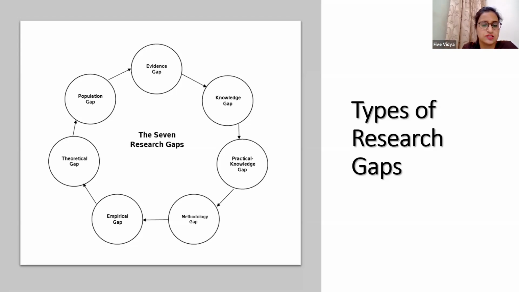So there is no specific format for writing the LR chapter. It's just that sometimes in some researches we add a hypothesis or conceptual framework in the LR chapter. But the subheads of the LR chapter totally depend upon your topic.